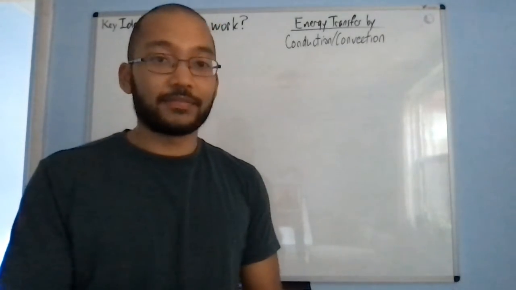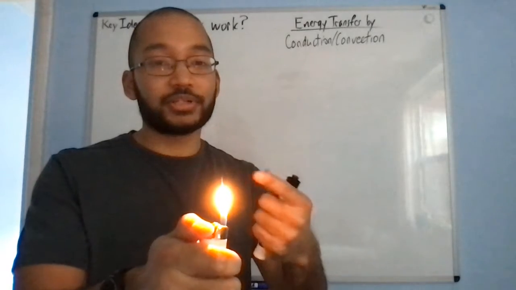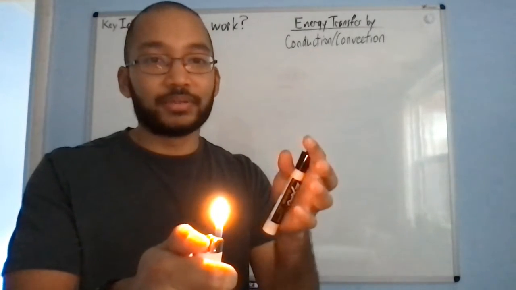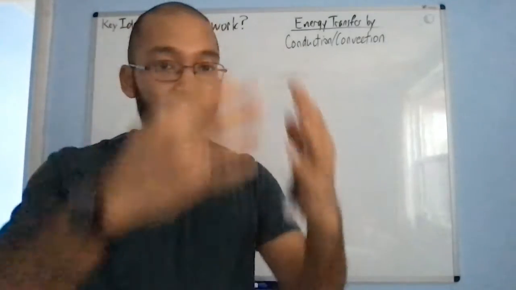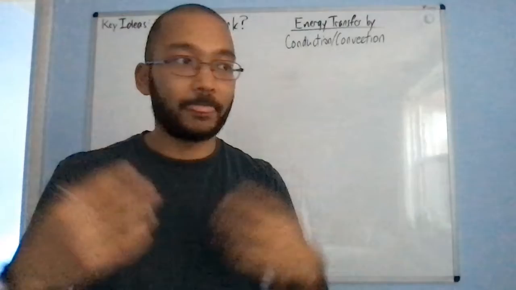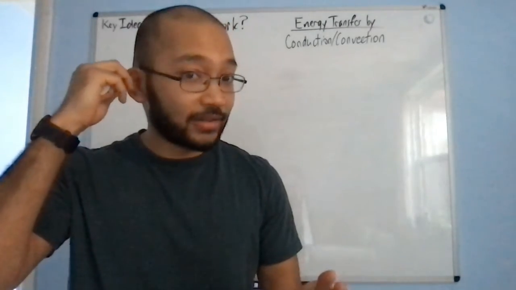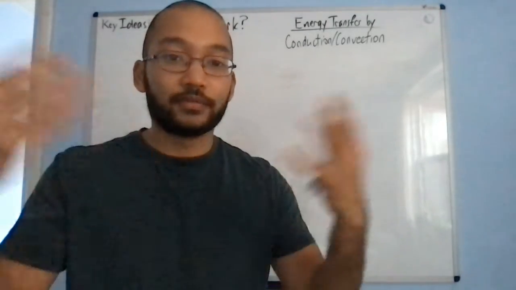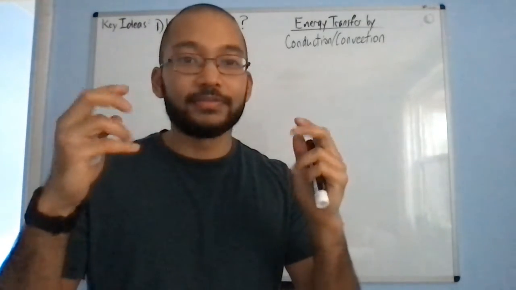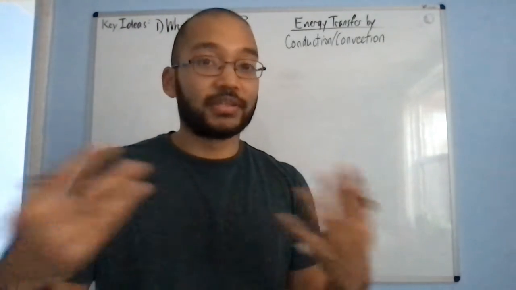So we can see this flame because it's at a certain temperature, and there is visible light being given off. But if you had an infrared thermometer, you would see that an infrared camera, I am glowing in infrared. If you heat up a metal pan, eventually it's going to start to glow and give off visible light. But there's also kinds of light that we can't see that are just being given off.